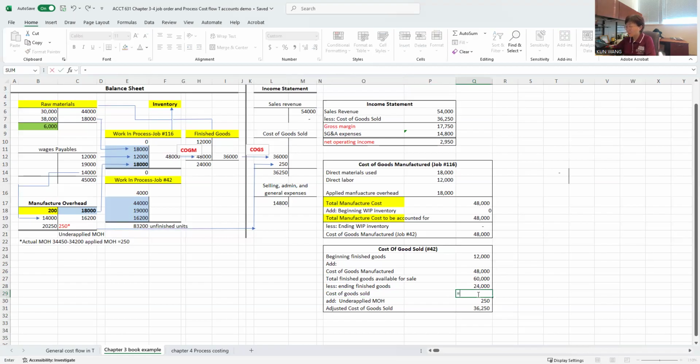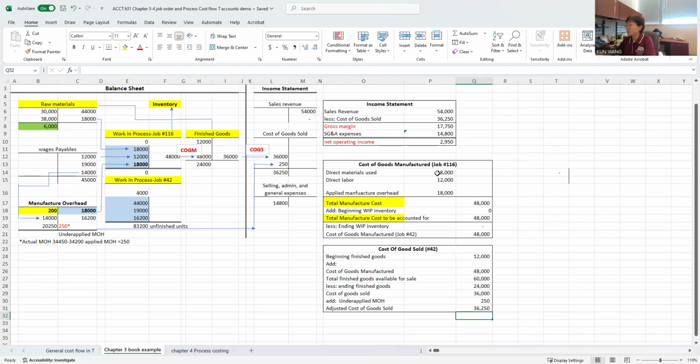So if I want to have a separate item for the original cost of goods sold, I can do that. And then the adjusted cost of goods sold will equal the original, and depending on your adjustment on the applied overhead, I will add it after the original. So cost of goods manufactured, then cost of goods sold.